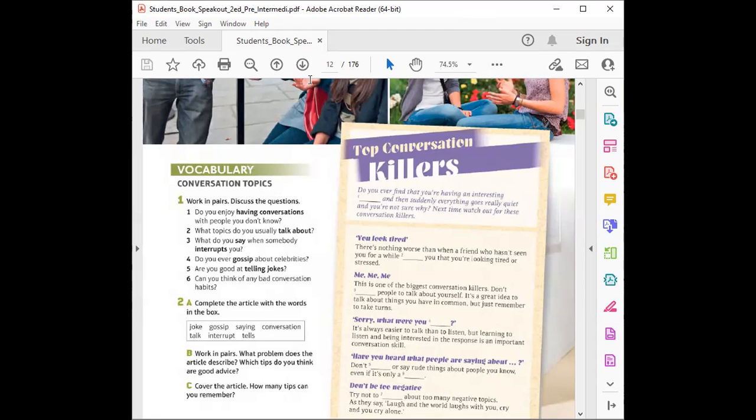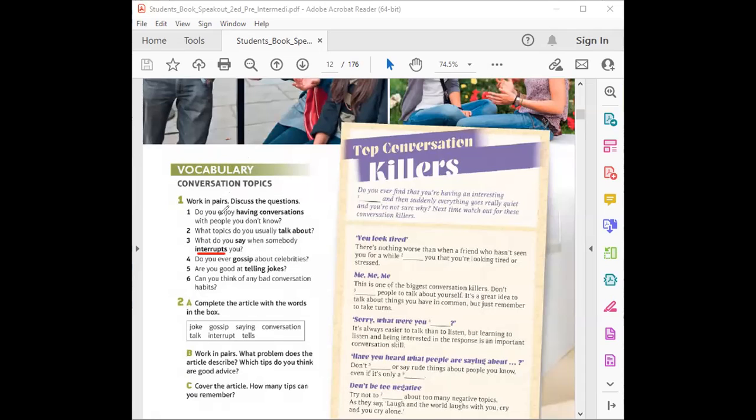And do you know the meaning of interrupts? Yes. Do you get angry or do you just say it's okay? Sometimes I get angry. Okay, yeah, I really get angry when someone interrupts me.